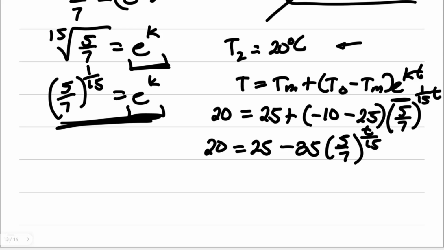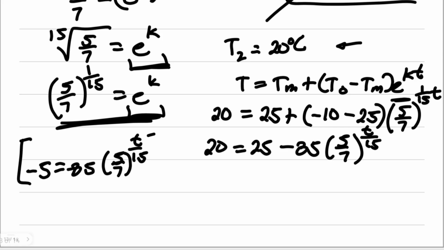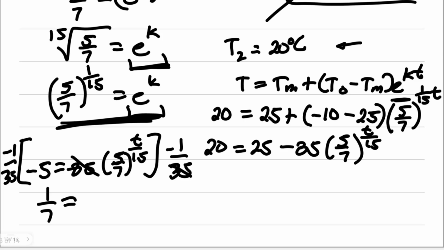Subtracting 25 from both sides, you will get negative 5 is equal to negative 35 times (5/7) to the power of t over 15. Multiplying both sides by negative 1 over 35 to cancel this, you will get, if I'm correct, 1/7 is equal to (5/7) to the power of t over 15.